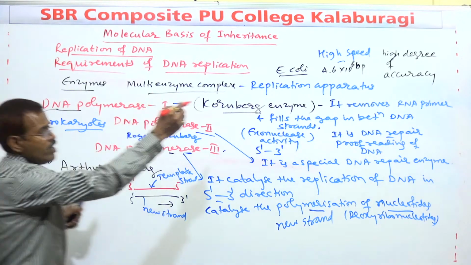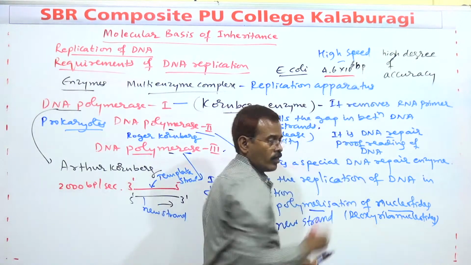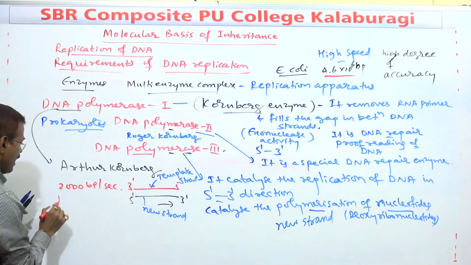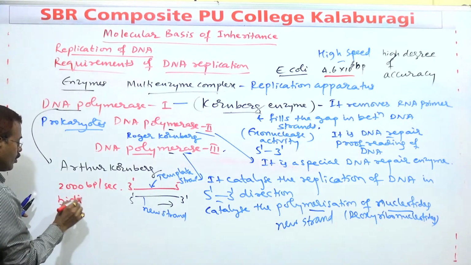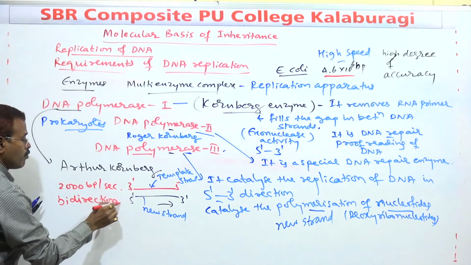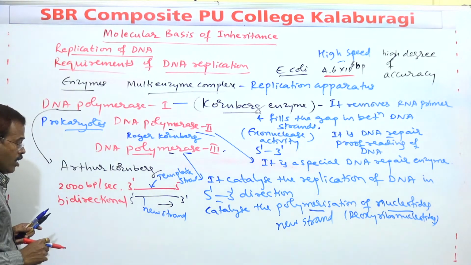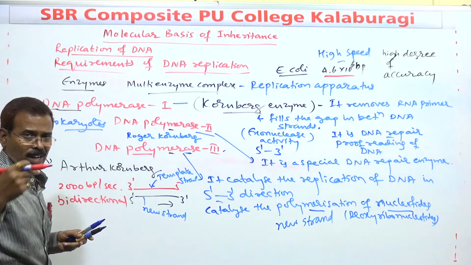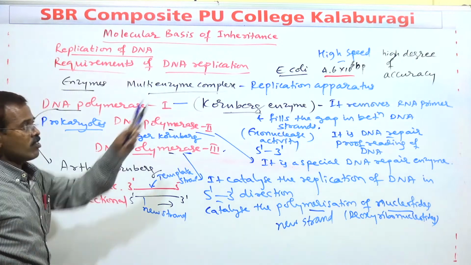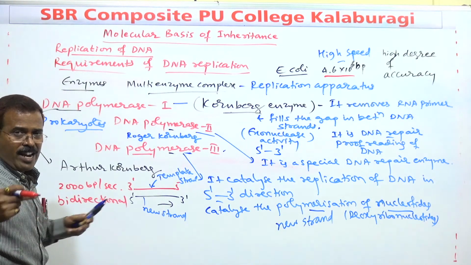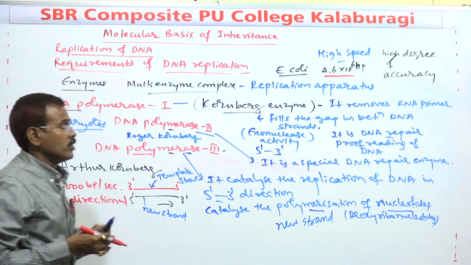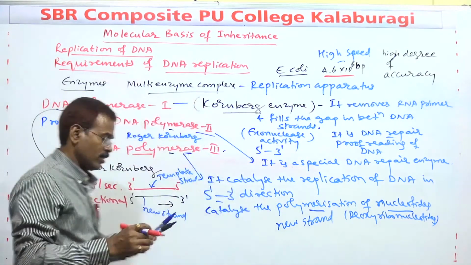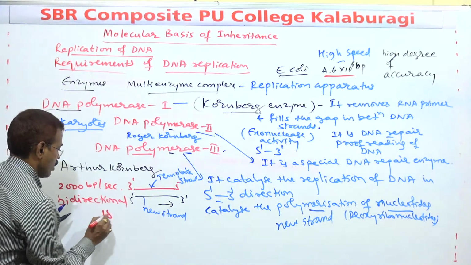The replication occurs bidirectionally. The time taken to add these many base pairs and complete the replication in E. coli is around 18 minutes.